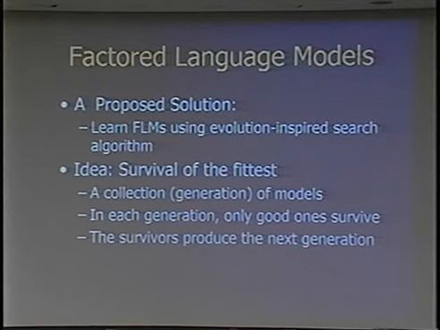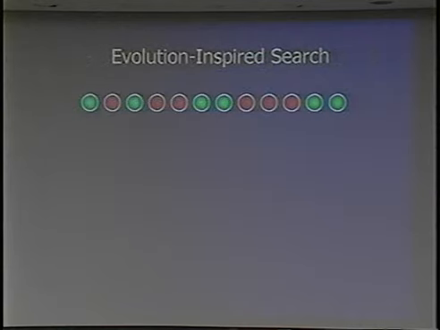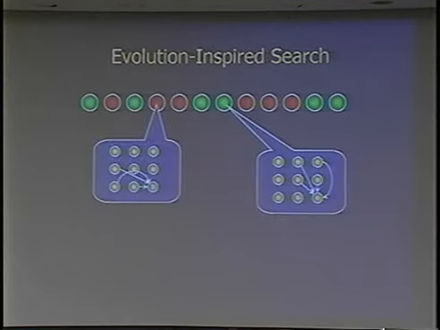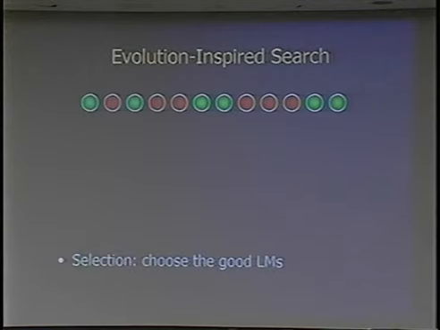The key idea is the survival of the fittest. Suppose we have a set of possible factor language models. Here each node represents some specific factor language model. Some of them are good, such as the green ones. Some of them are not so good, such as the red ones. So in the selection part, we keep the good ones and remove all the bad ones.